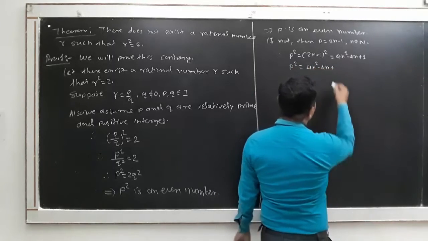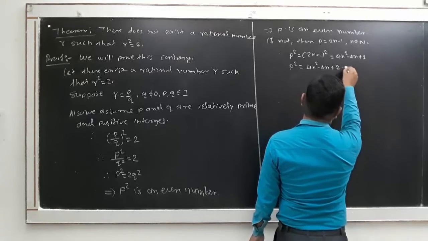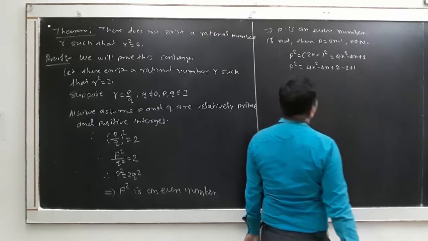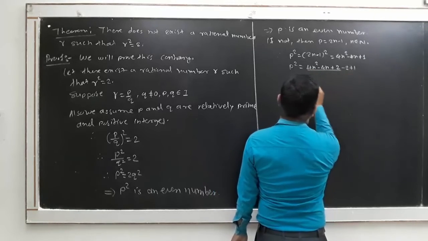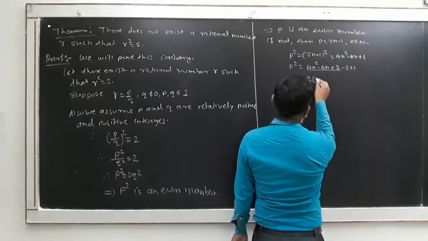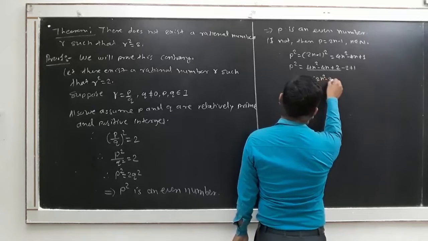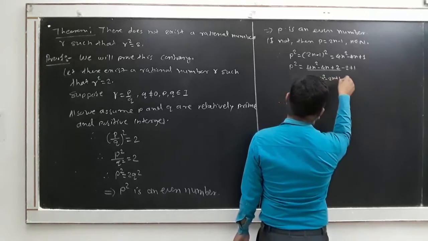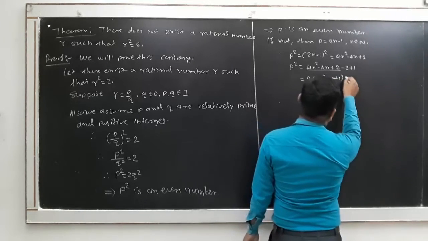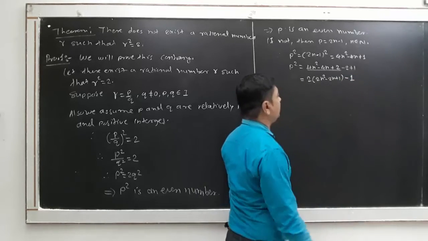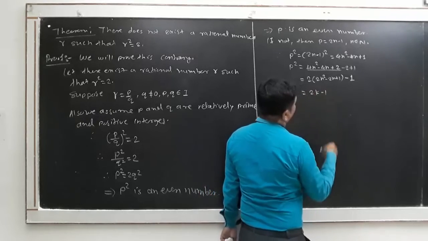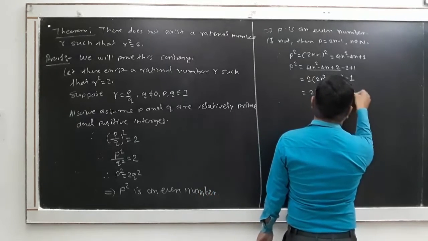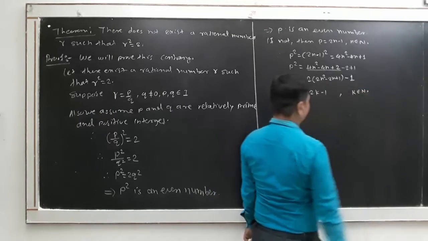Adding and subtracting 2, and taking 2 common, we get 2(2n square minus 2n plus 1) minus 1, which is equal to 2k minus 1, where k belongs to the natural numbers.